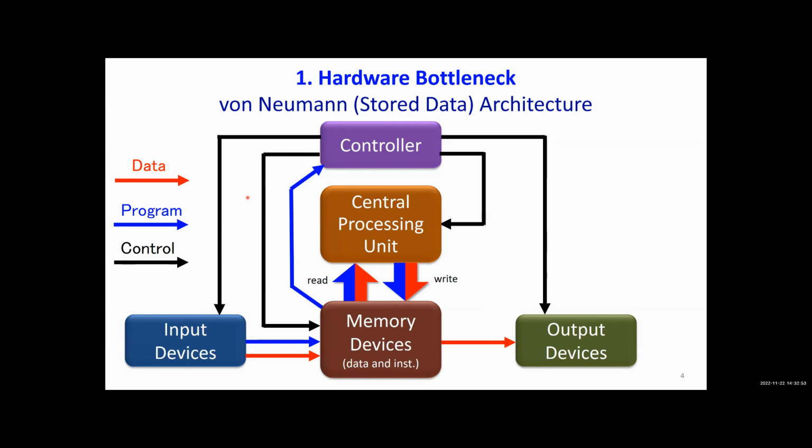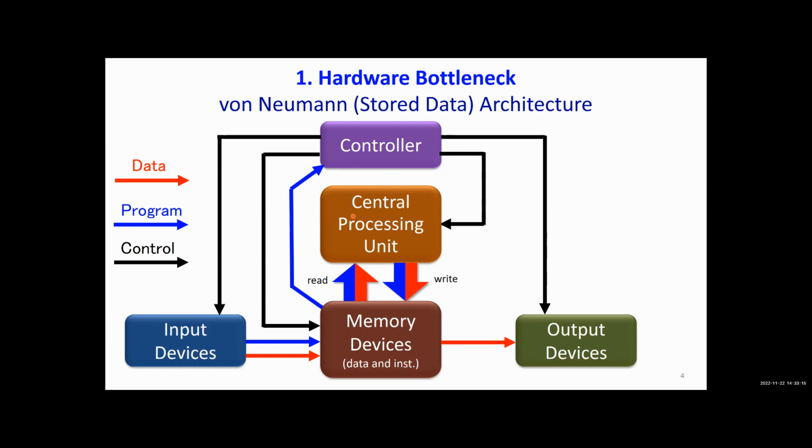So this is the basic structure of a Neumann-type computer. You have input devices, output devices, and a controller, of course. But the important parts are the central processing unit, CPU, and memory devices. All instructions and all data are stored in memory.